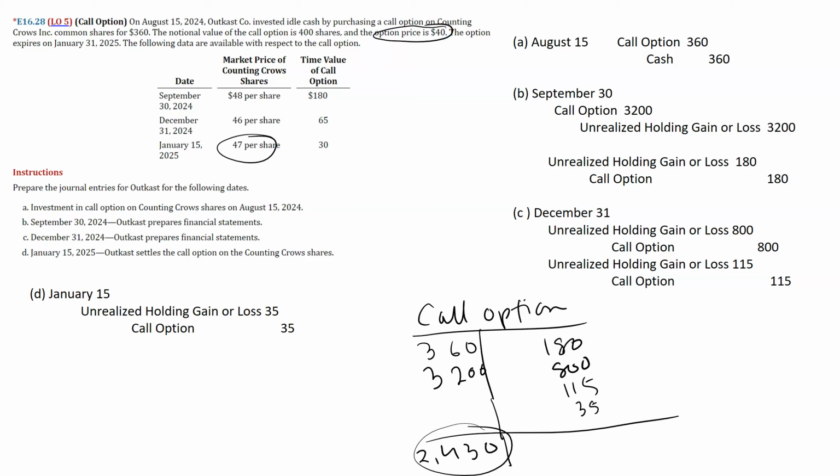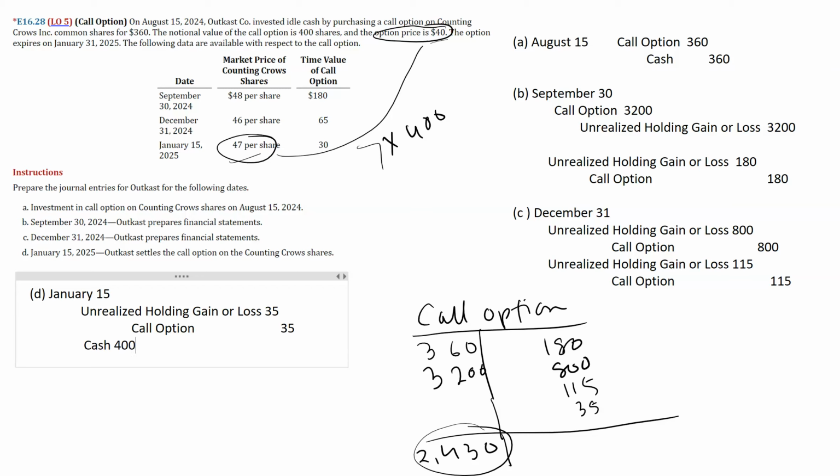For this last journal entry, we take this price difference from the other party, based on the exercise price and current market price. For each share we will receive $7, and we have a total of 400 shares. So we will receive cash, which will be a debit of $400.